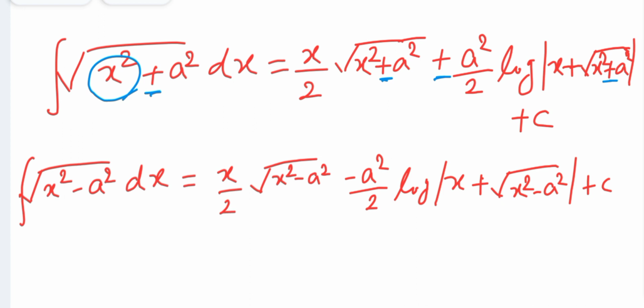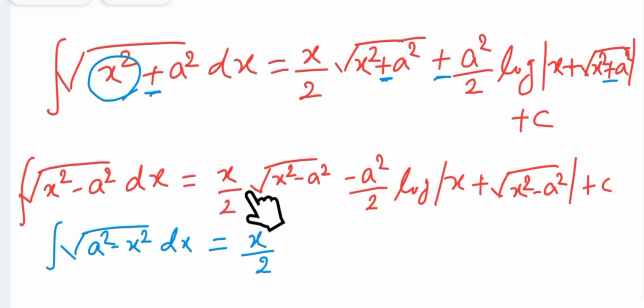Along with this, one more formula you have to remember. Okay, suppose you are not getting x square minus a square, suppose you are getting a square minus x square, then what will you do? If this form, then this is one formula, x upon 2 in the same form, x upon 2 and root over, there it was x square minus a square, so you have written x square minus a square.